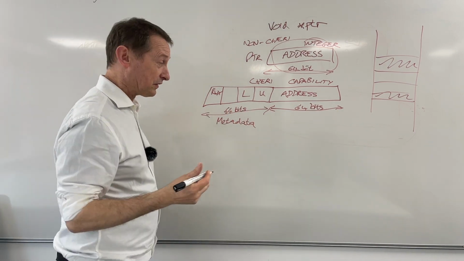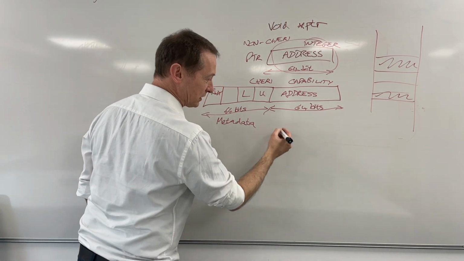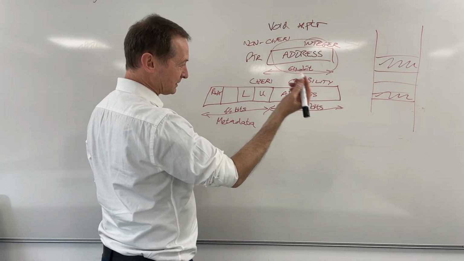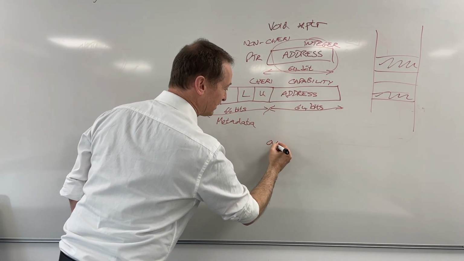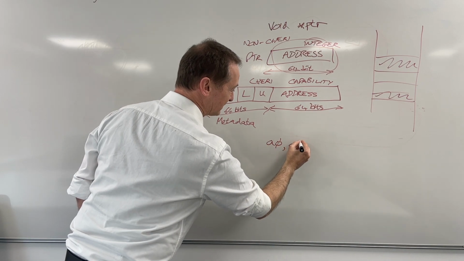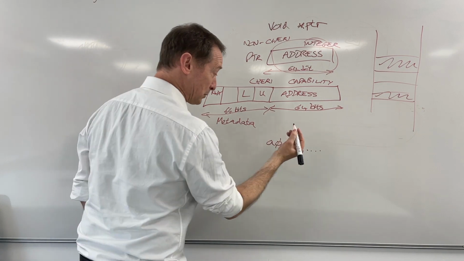In the machine itself, typically your CPU contains a set of registers. In RISC-V, you could have A0, A1, this sort of thing. These now become capabilities.